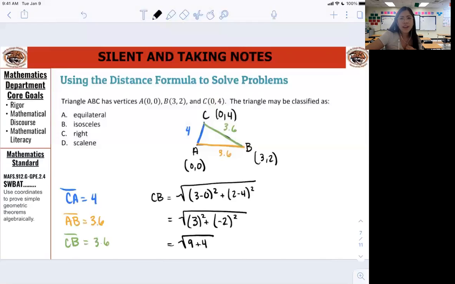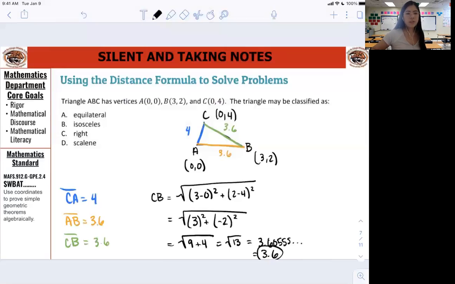So why am I adding again? You're always adding, but both numbers should be positive at this step because when you square it, it always turns positive. So 9 plus 4 is 13. Then you take the square root of 13, you should get 3.60555, blah, blah, blah, which simplifies to 3.6.